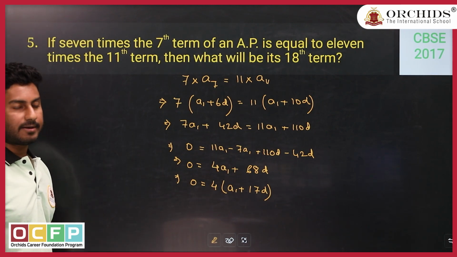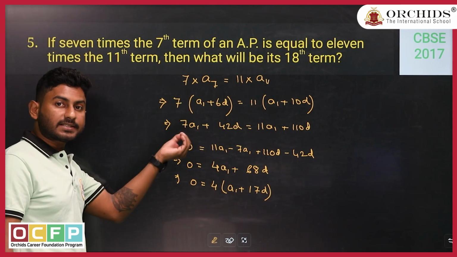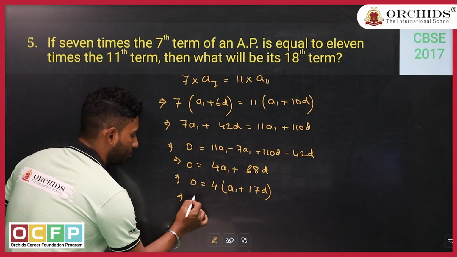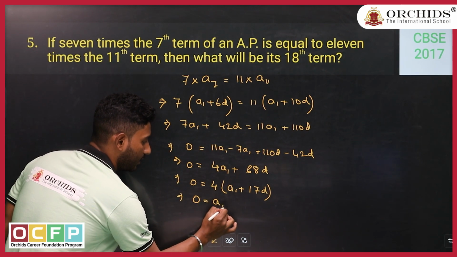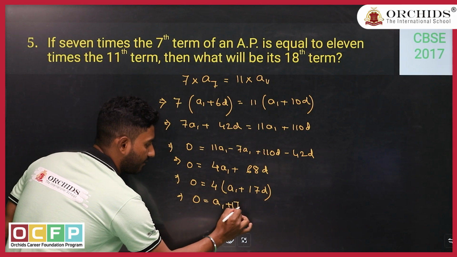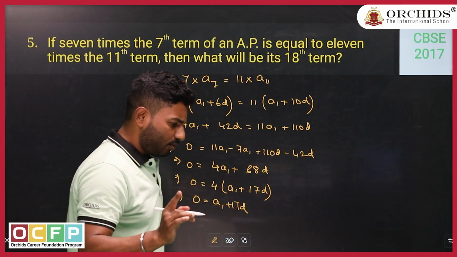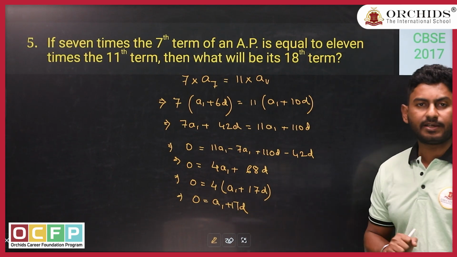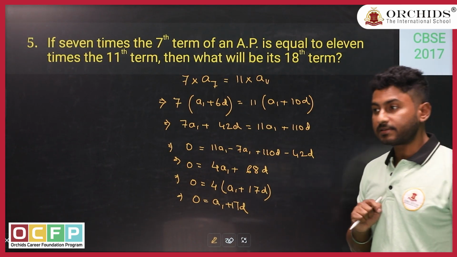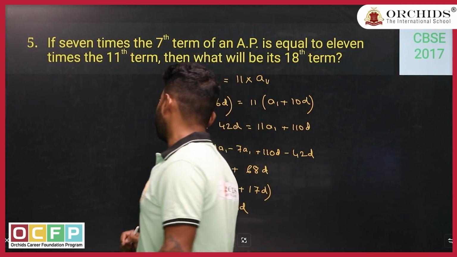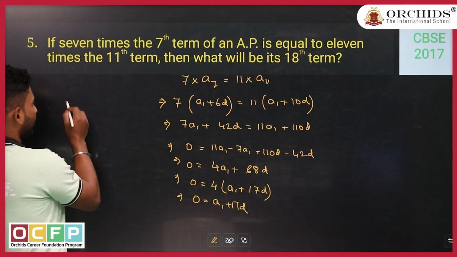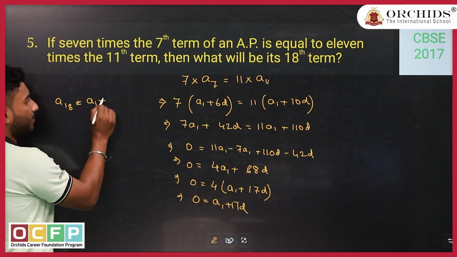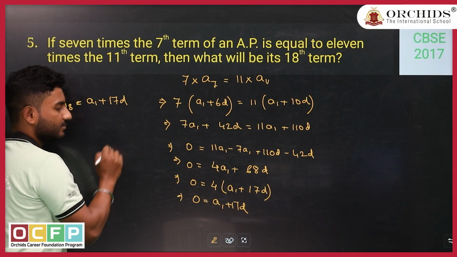Bring 4 the other side, because it is multiplied, it will go the other side, it will become divide. So 0 divided by 4 is 0. A1 plus 17D. Now, those who have understood the formula, can you tell me what is A1 plus 17D? It's nothing but A18, okay? Because if you know what is A18, it will be A1 plus 17D, isn't it?